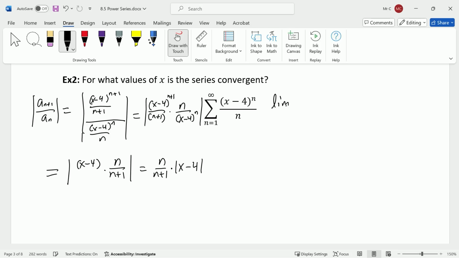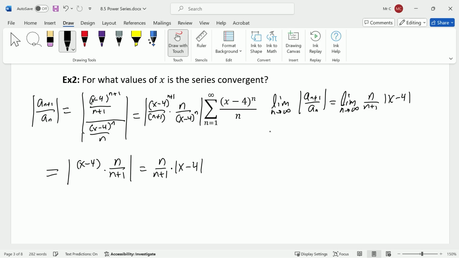So now when I go to take the limit as n goes to infinity of the absolute value of a sub n plus 1 over a sub n, this is really just the limit as n goes to infinity of n over n plus 1 times the absolute value of x minus 4.